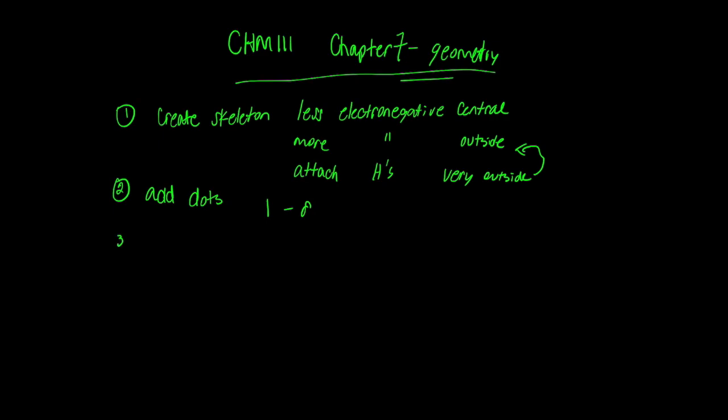And then what you want to do is add an additional dot for a negative charge. For each negative charge, if you have carbonate, for example, you're going to have 2 extra valence electrons for that -2 charge. And these 2 dots are placed on different atoms.